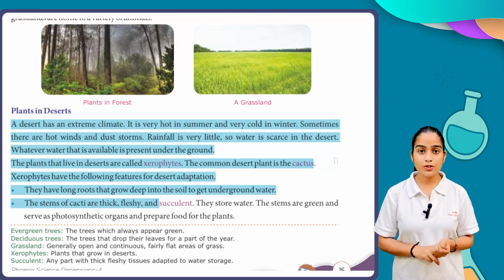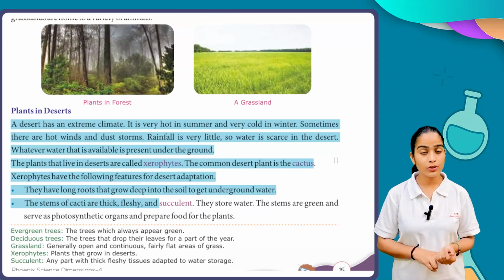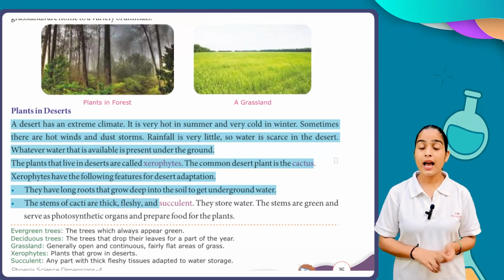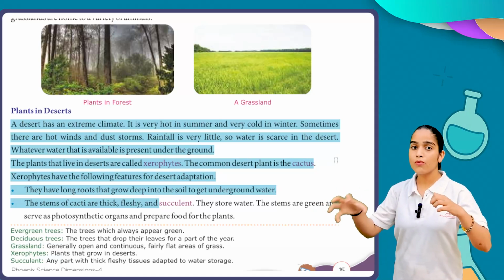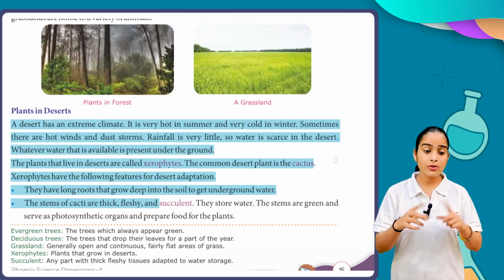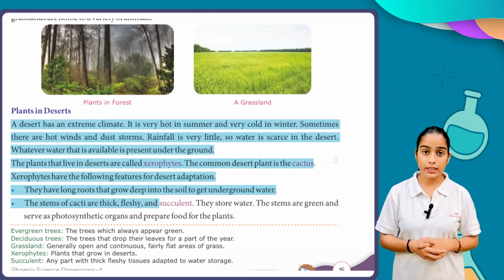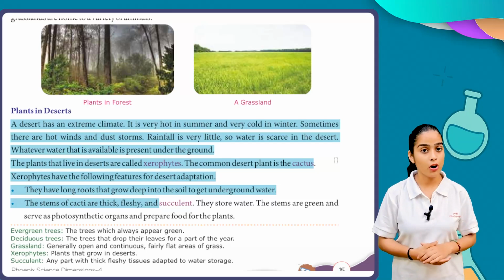So we basically have two types of features in cactus, or in the plants that survive in the desert. First, they have long roots, so they can get the underground water for their growth. And next, they have succulent, fleshy, thick stems and leaves, so they can absorb the water and also store the water for a long duration of time.